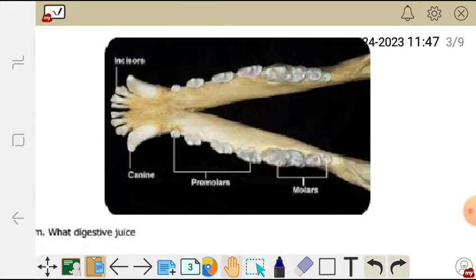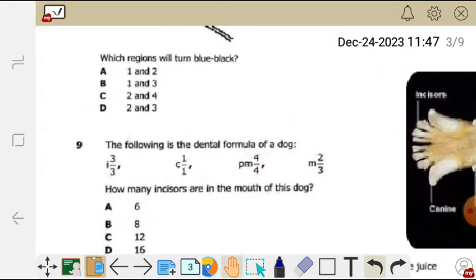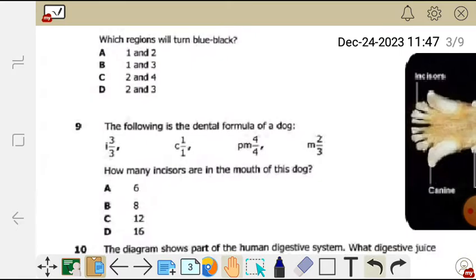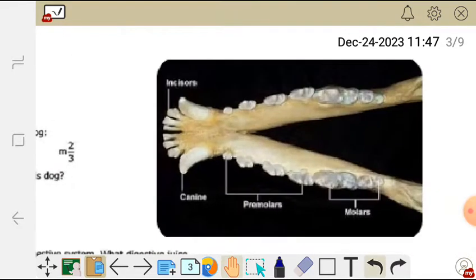Okay, but we can also use this formula here. What you should know is that in this formula, they just show half of a jaw, like in this diagram here.